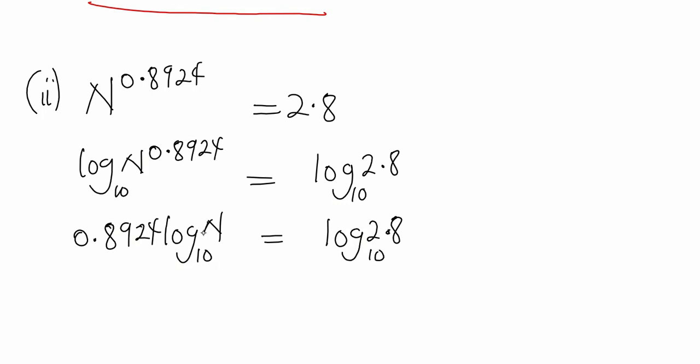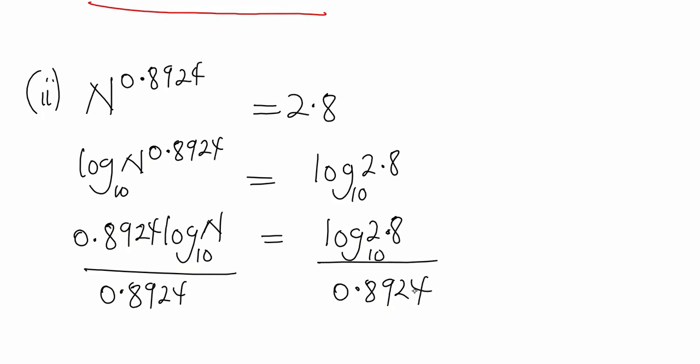So now in finding the value of n, we can divide both sides of the equation by the coefficient of n. That is 0.8924 divided by 0.8924.